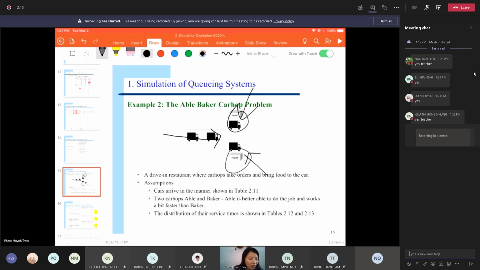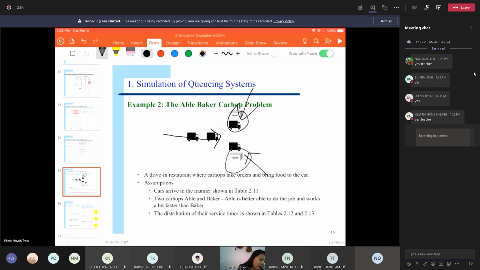So here, what is random? We also have the cars arriving in a random manner. And we also have the service time of each server, Able and Baker, also random.